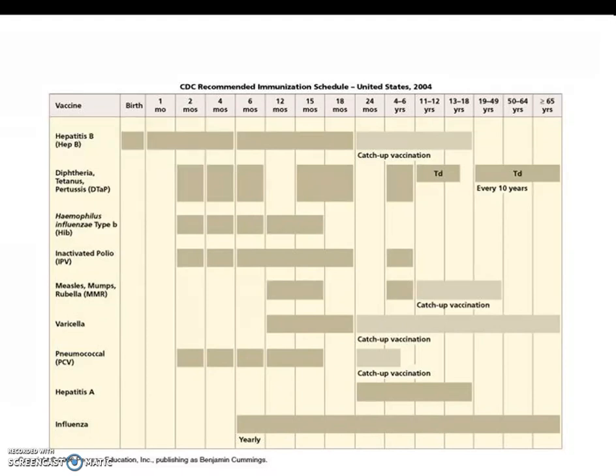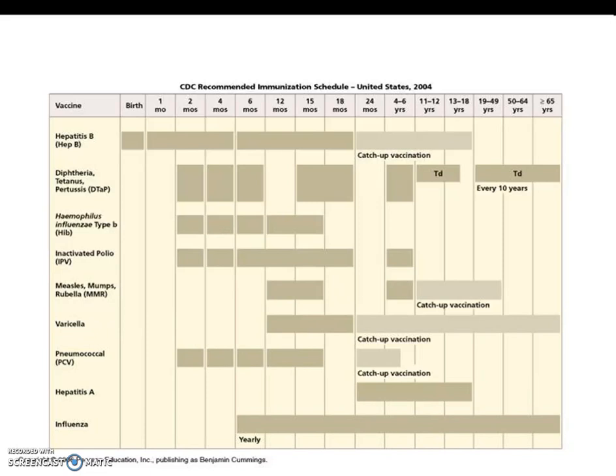I think this is a really interesting thing to look at, because if you compare this table from 2004 to the one in your book from 2014, I'd be interested to see what differences there are. So I'm going to encourage you all to compare these two and look at the differences.